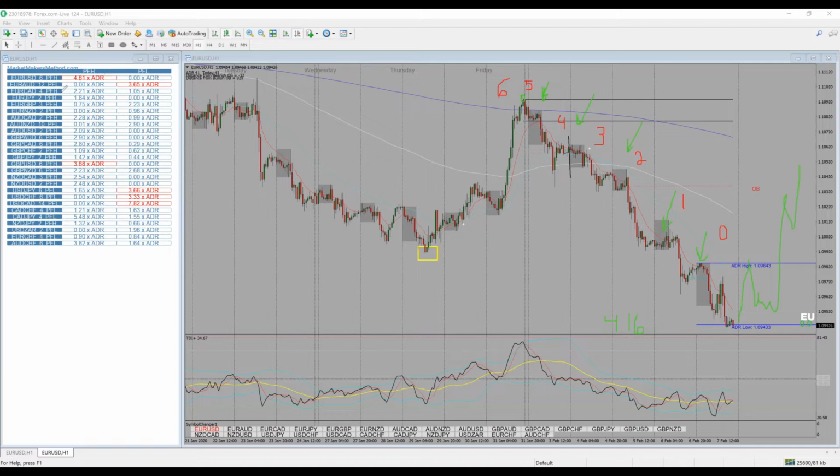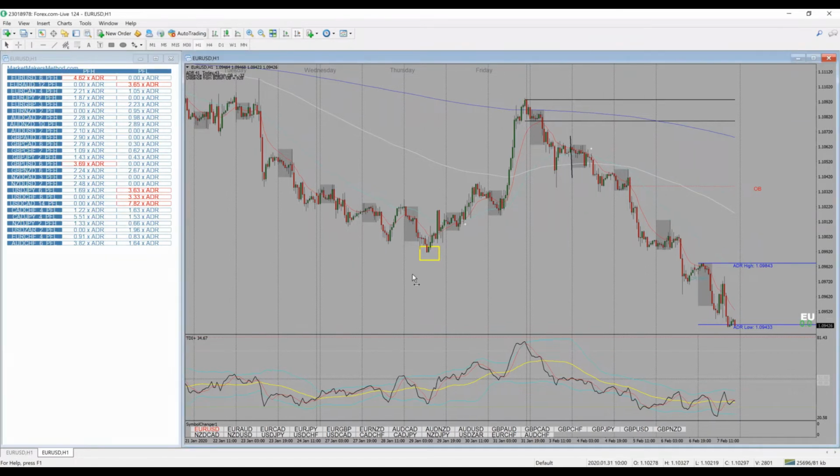But most importantly, we are looking at these numbers that I'm circling in red. We're mostly looking at the number for the peak formation high.